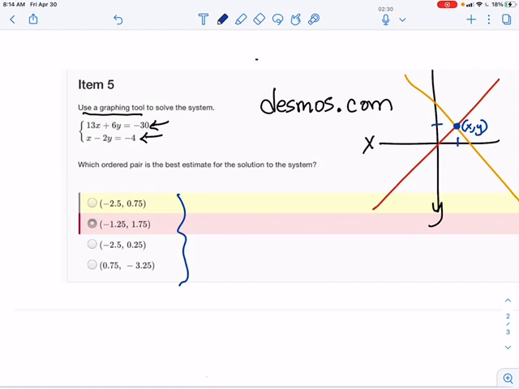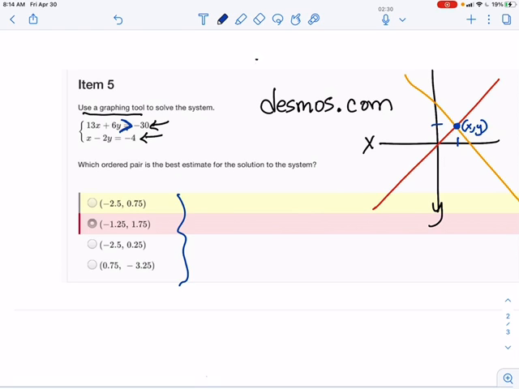Pretty soon you're going to start looking at inequalities, which you'll see in the lessons coming up. Basically, instead of having the equal sign, you might have a greater than sign.